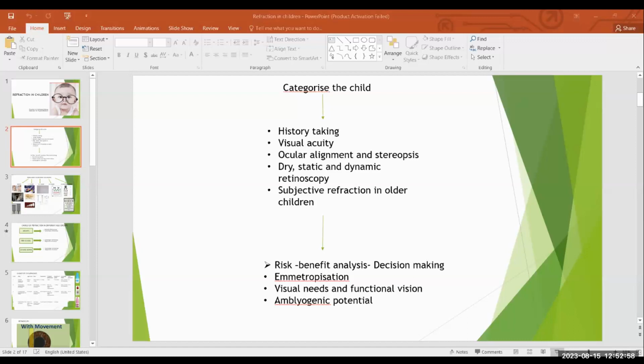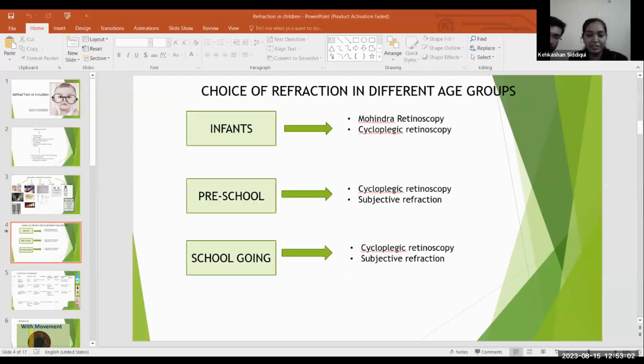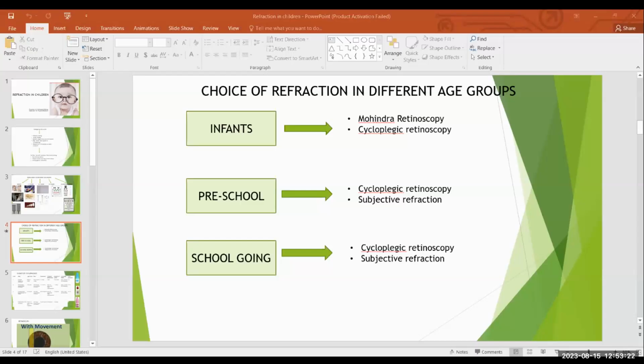The slides are not moving. One second, sir. Go to full screen mode. Yes, sir. One second. You can reshare the entire screen. I'm trying to do that.